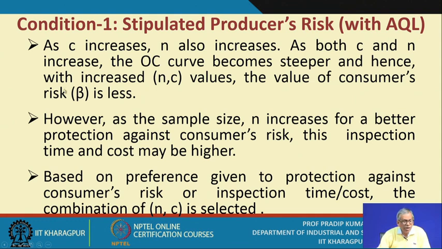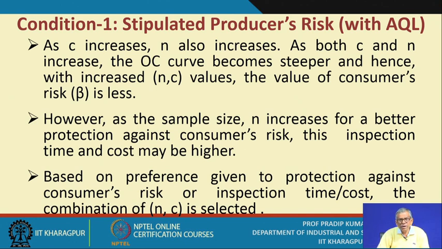As both C and n increase, the OC curve becomes stiffer, and hence with increased n and C values, the value of consumer's risk is less. Is it okay? That means if you have the stiffer OC curve, you will find that the consumer risk at a particular value of LQL is expected to be very less.